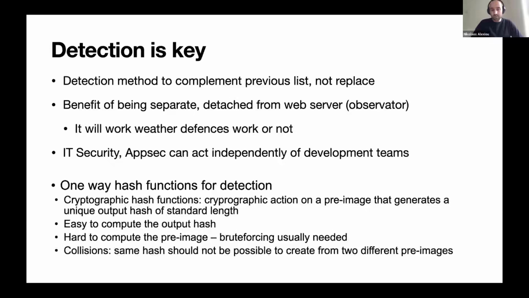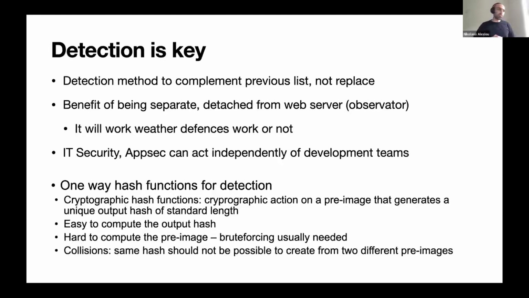And that's what this talk is about: presenting a method to detect digital skimming attacks, being detached from developer teams, being able to do it on your own. And the way to do that is through one-way hash functions.